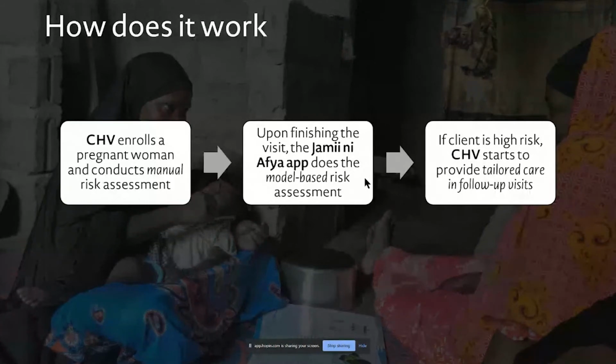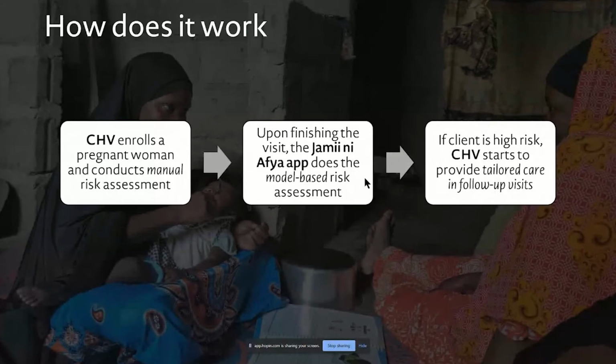Upon finishing this visit, the Jamini Afia app conducts a model-based risk assessment. So the machine learning model runs on the CHV app. It runs offline, it doesn't need an internet connection, and then it does this risk assessment in the background.